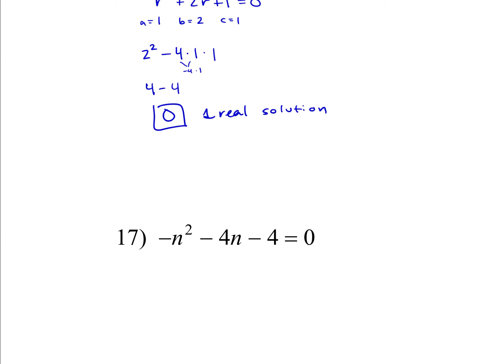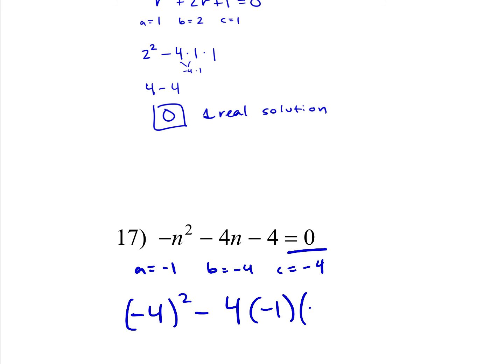All right, 17. It's equal to 0, so we can just go ahead and start. So what's a? -1. What's b? -4. And what's c? -4. So b squared would be -4 squared minus 4 times -1 times c, which is -4.